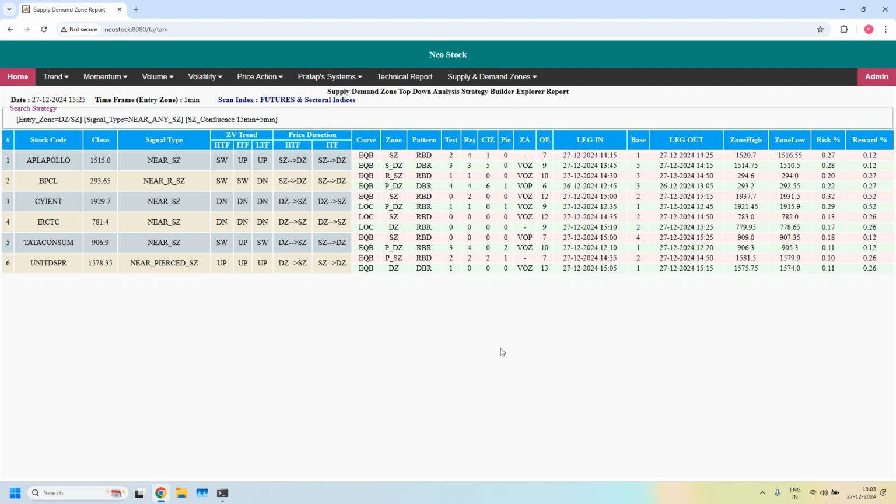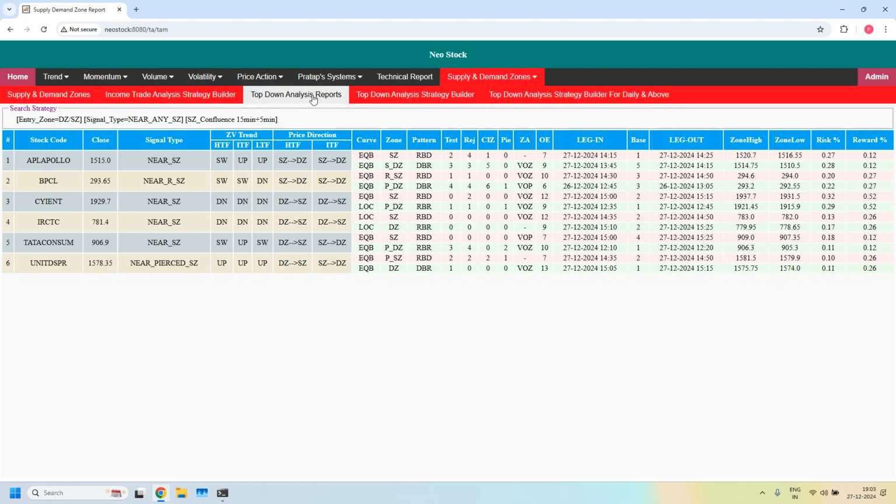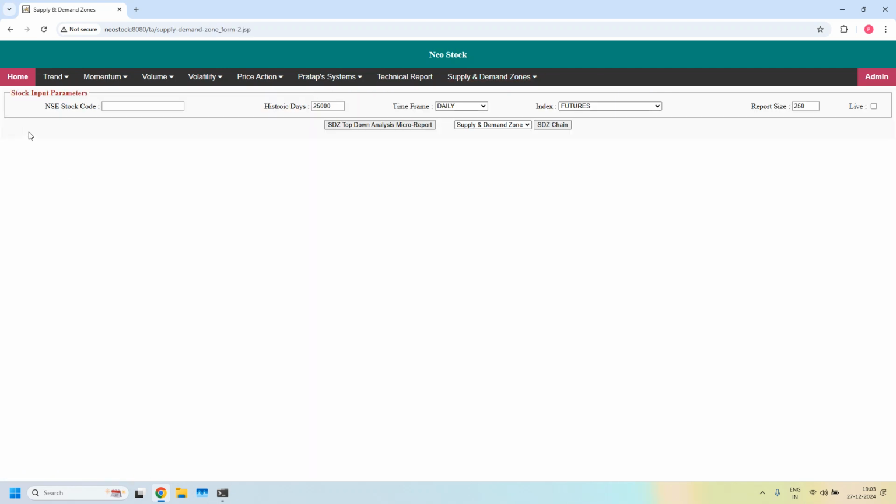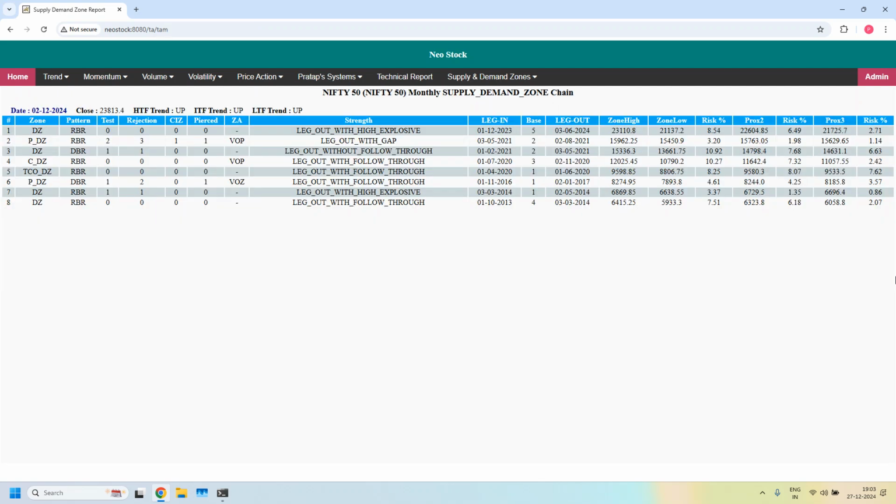So next reports are about Nifty, Bank Nifty supply demand zone chain. Let us start with Nifty, generating monthly supply demand zone chain for Nifty. This is a Nifty monthly supply demand zone chain. Always look into the zone column to find high liquidity zones.